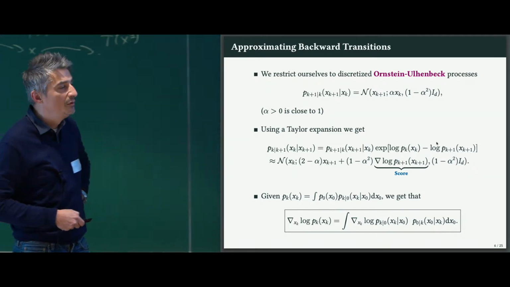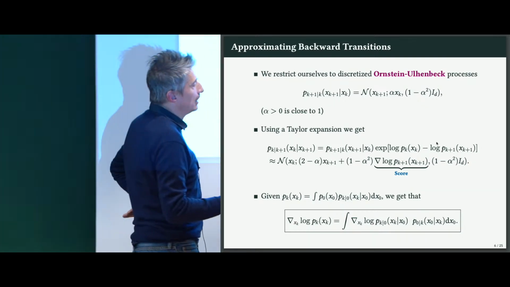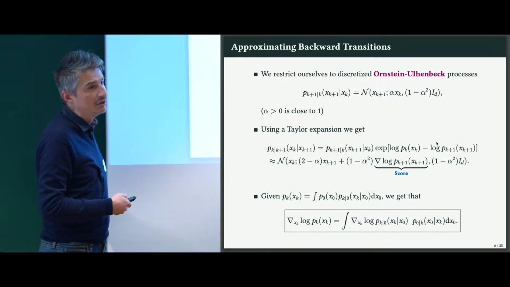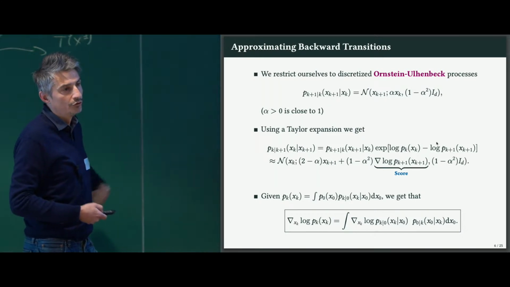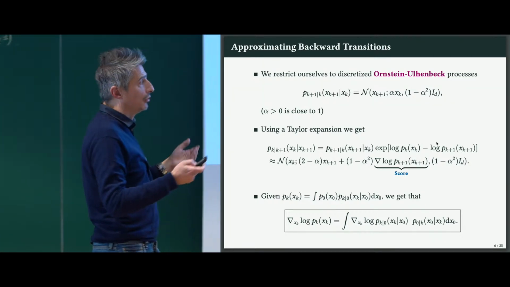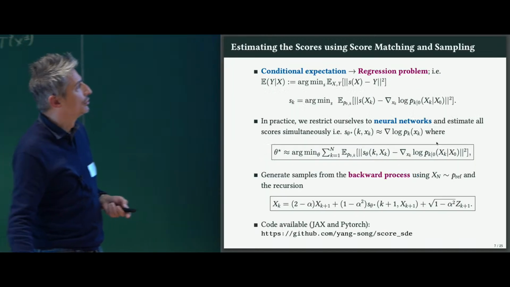Okay, so we made progress, but not quite yet, because I don't know this distribution. I don't even know it up to a normalizing constant, because the only thing I have access to from p_0 is some samples. So I cannot do that, but essentially it's a conditional expectation.